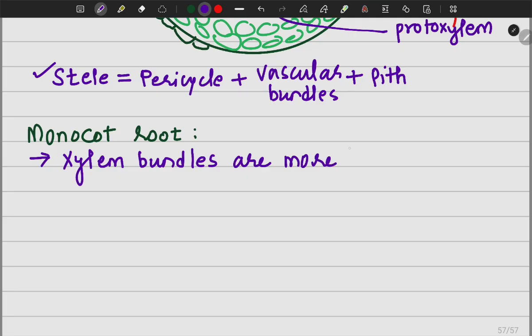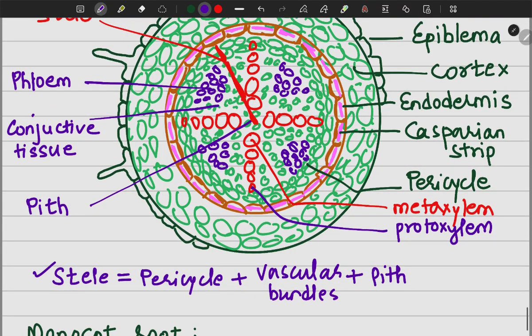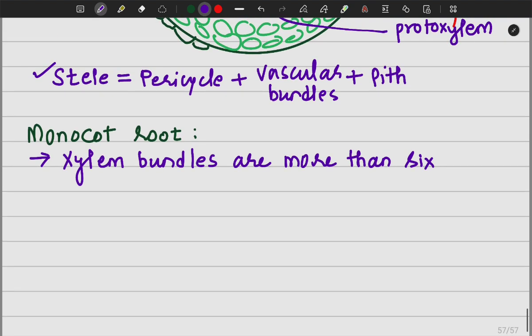In dicot, we studied that the xylem and phloem bundles are usually 2 to 4 in number. But in monocot roots, the xylem bundles are usually more than 6, and this is called polyarch. So this is the first difference. In case of dicots, 2 to 4, in case of monocots, usually more than 6 xylem bundles are present.